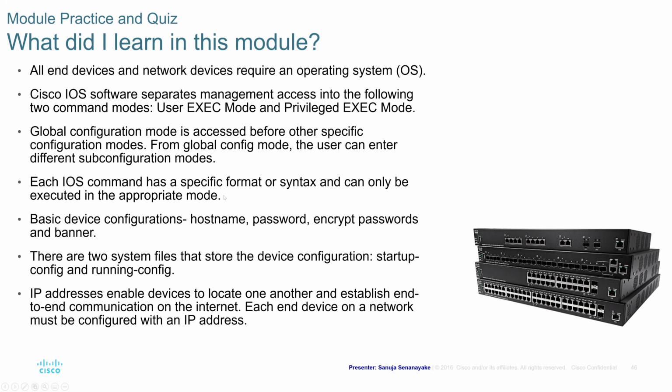It will give you an error message, and some of these error messages are very helpful. So you need to make sure that the specific format and syntax is followed. Basic device configurations such as hostname, password, encrypt passwords, and banner, we just went over how to do that. There are 2 system files that store the device configuration: startup config and running config. And you should know how to go about saving your files into startup config from the running config.